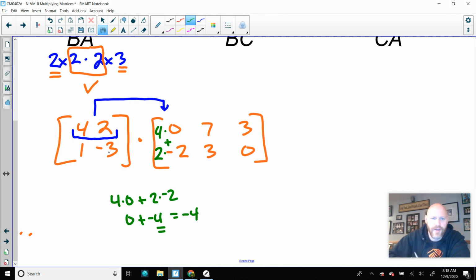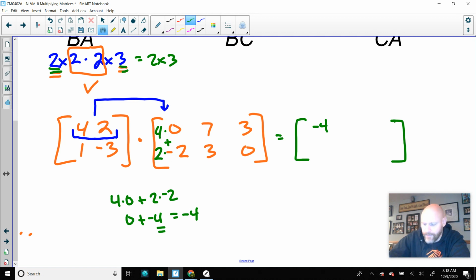All right, now where does that go? Since that was in the first row and the first column, when I do my answer, we already said that the answer was going to be a 2 by 3 matrix. So I'm going to go ahead and make one over here, 2 by 3. So it'll have 2 rows and 3 columns. And in the first row, first column, we have a negative 4 because I did the first row times the first column.